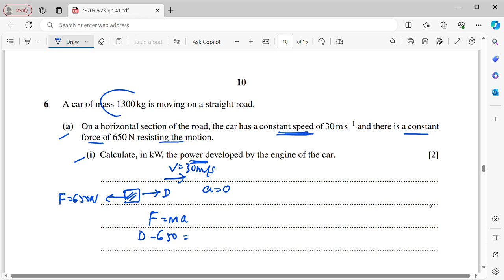Then the M is 1,300. Due to the constant speed, the A is 0. Then from here, I know that the driving force is 650. I will let D be the driving force of the engine.